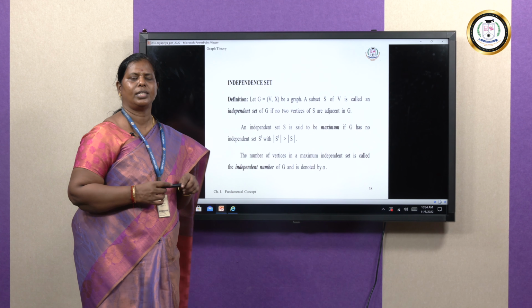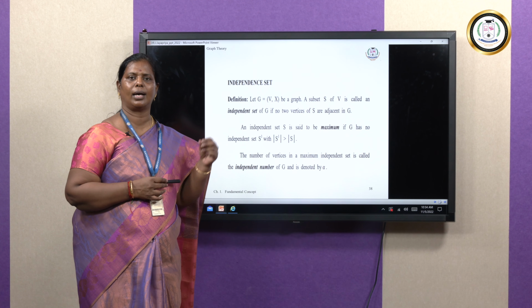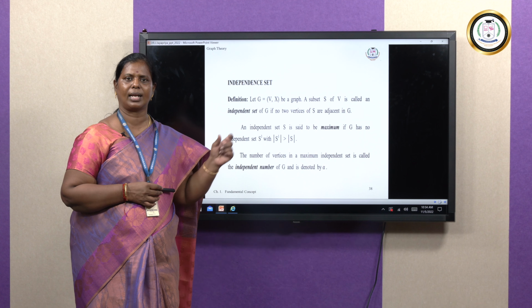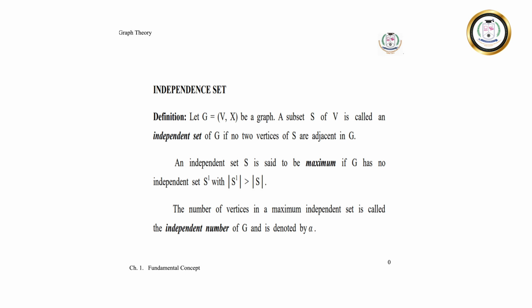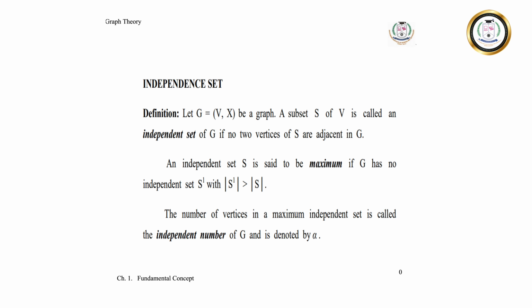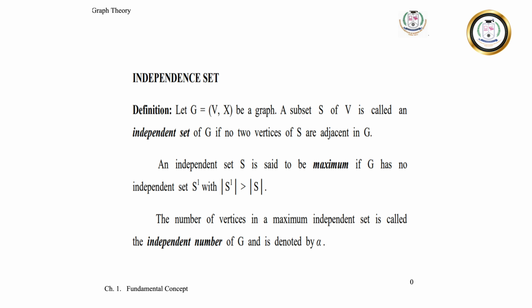So now we'll pass on to what an independent set is. Take a graph. I hope you are now able to identify and say what a graph is. A graph is identified by V comma E, where V is a set of vertices and E is a set of edges.